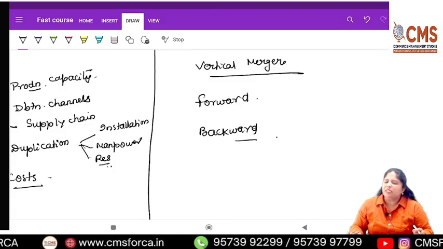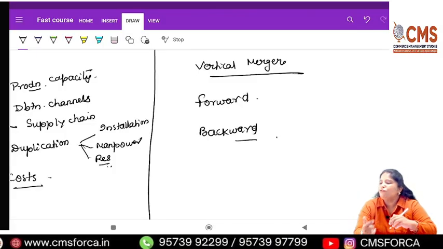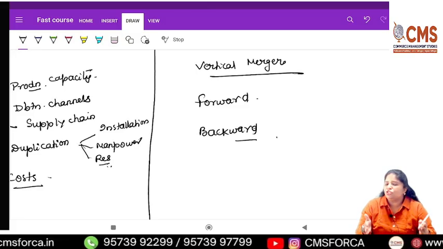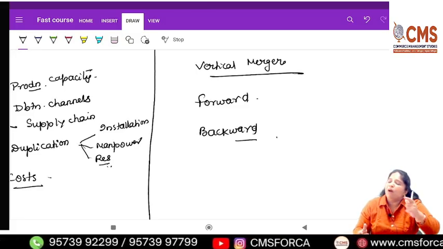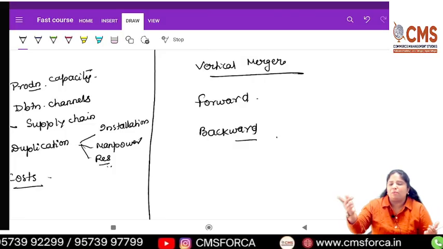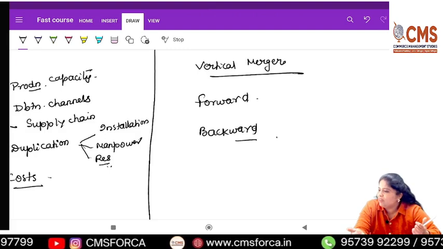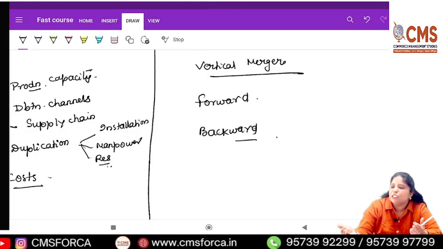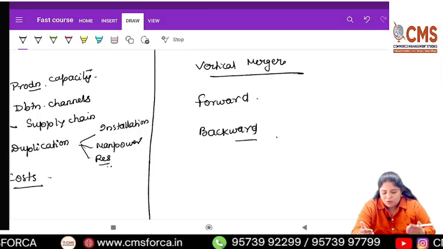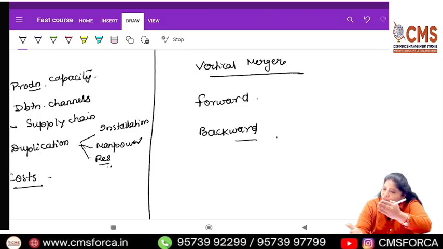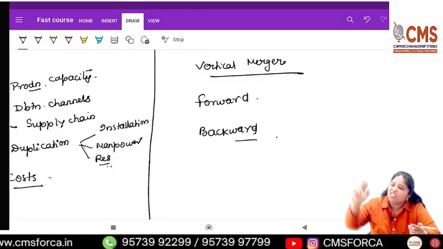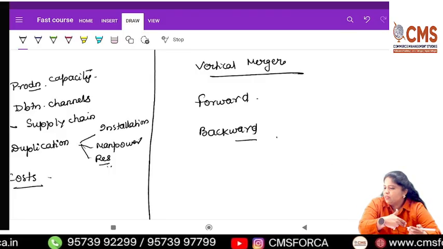Let's quickly recap the concept. What is the forward merger? You are trying to merge two business entities. One might be in the retail business, one might be an input provider. Suppliers are nothing but input providers, right? So what do you mean by a forward merger? You are trying to merge an input provider with retail.